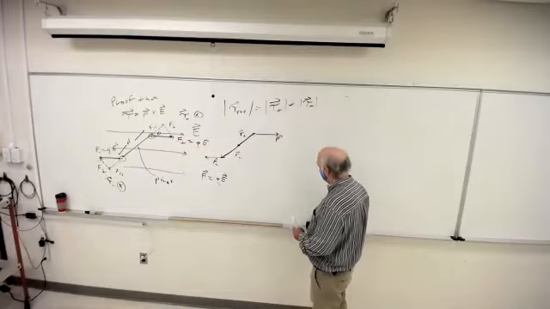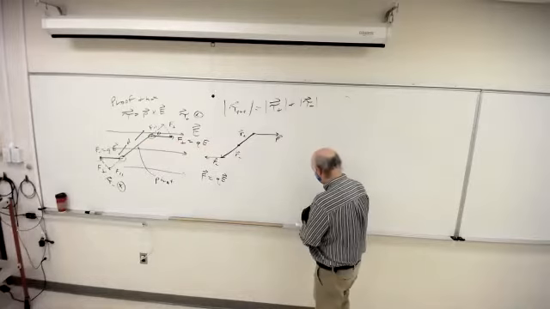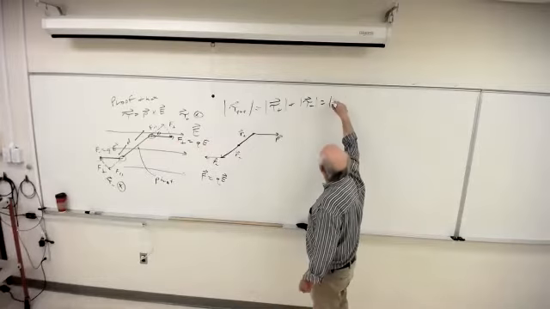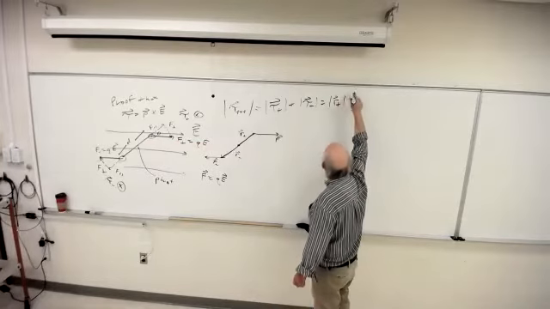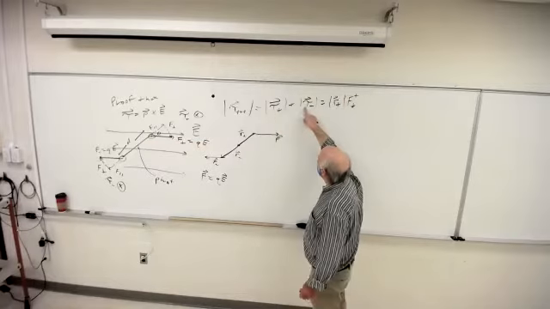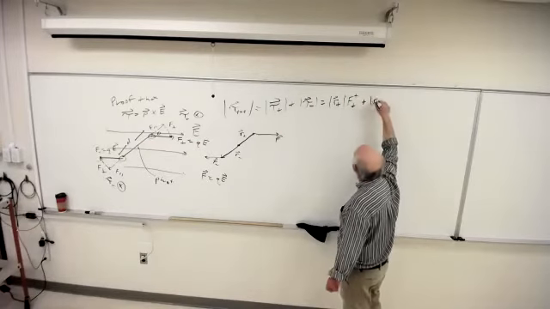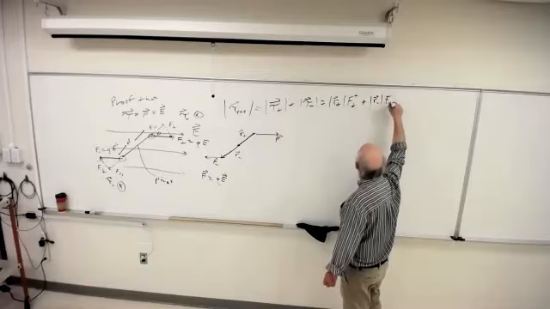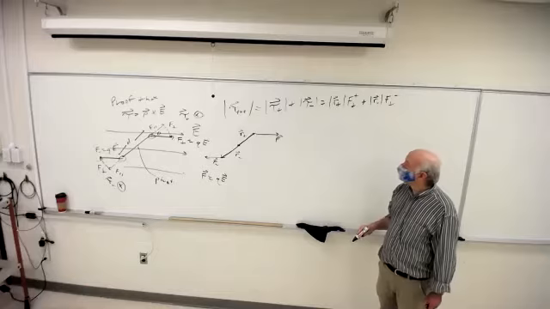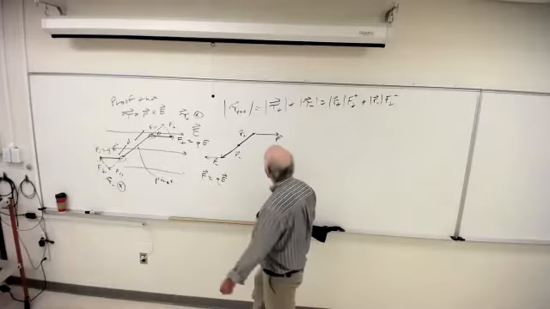So let's do this guy. This is going to be R plus times F perpendicular plus. That's this guy. And this guy is going to be plus R minus times F perpendicular minus. Well, what is this distance right here?